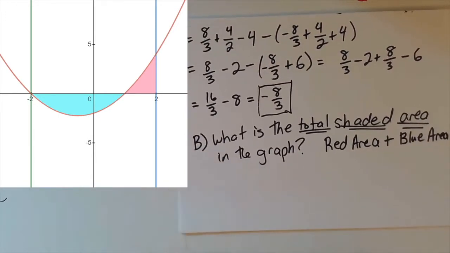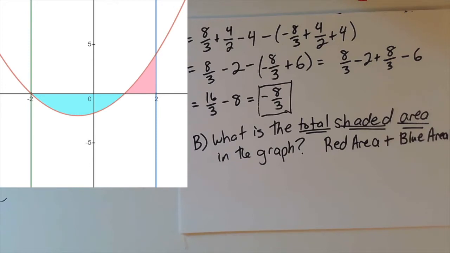Okay, so this is again getting at some level of subtlety in what we're talking about here with integration. Namely, the definite integral counts area below the axis as negative and area above the axis as positive. And it does that whether we want it to or not.